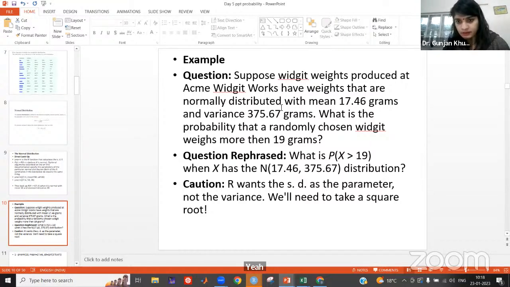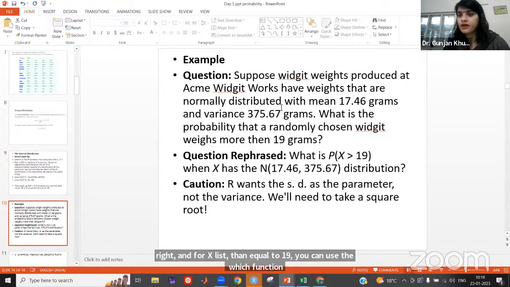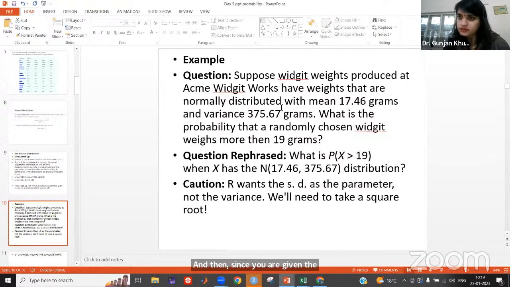For X less than or equal to 19, which function can you use? PNORM, very right. And since you are given the variance, you will find the standard deviation by taking the square root.